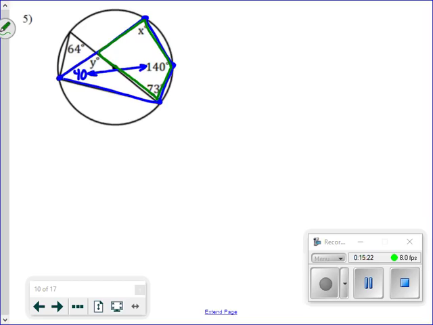So you could add these up to figure out what that is, but I'm missing two angles. So the next option I did was this 40 degrees right here is inscribed to that. So this has to be 80 degrees. This 64 degrees is inscribed to this. So this has to be 128.